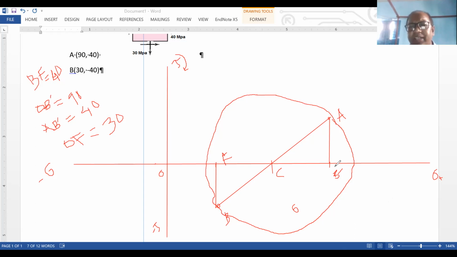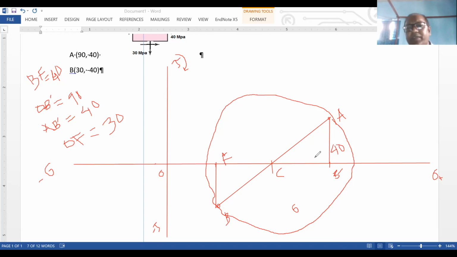How? What is the AB? You can use the direct formula and figure it out from here. What is AB prime? How much? 40. This is 40. And how much from here to here? I already told you that the distance from here to here is sigma x plus sigma y, and this distance will be divided by 2.